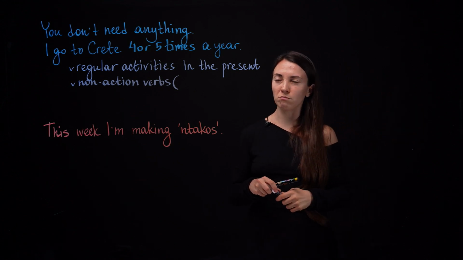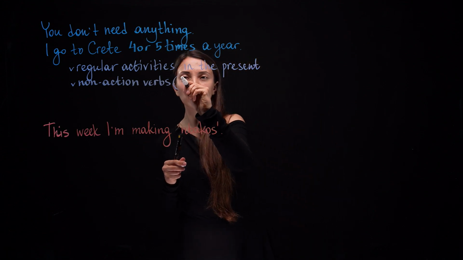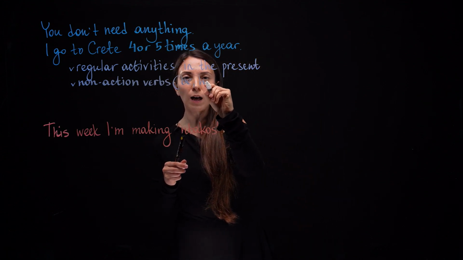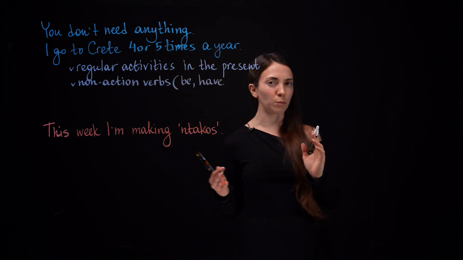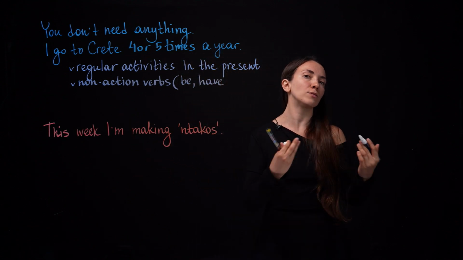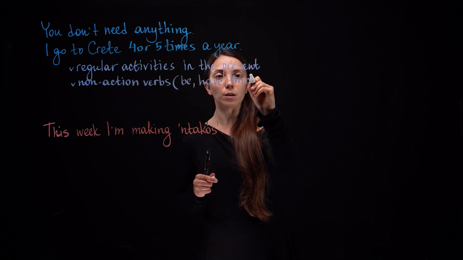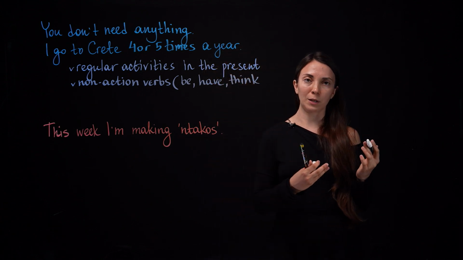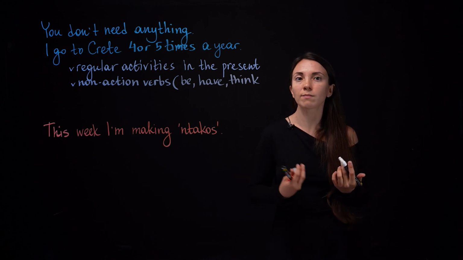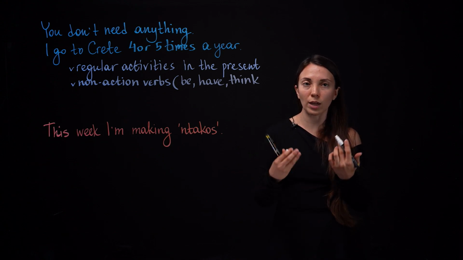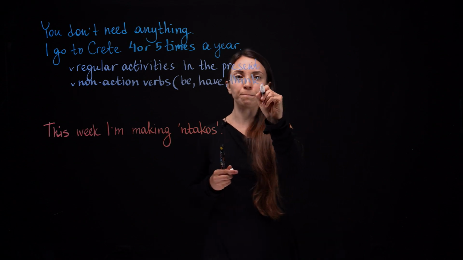For example, be, have, if we're talking about possessions, like I have a laptop. Think, if we're talking about somebody's opinion, like, oh, I think it's great. You can't see how it's happening.